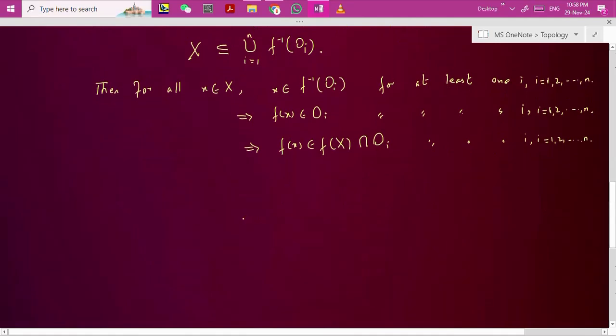and this one is equal to gi, because before we have shown that each gi is of the form f(X) intersection OI by the definition of subspace, where f(X) is a subspace with respect to tau, and tau is a relative topology, and the open sets of tau are gi.